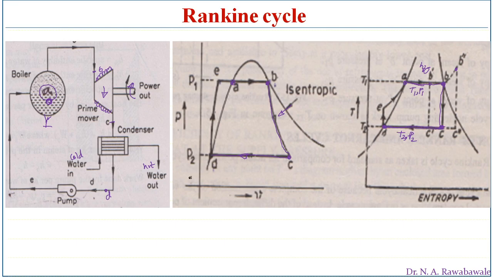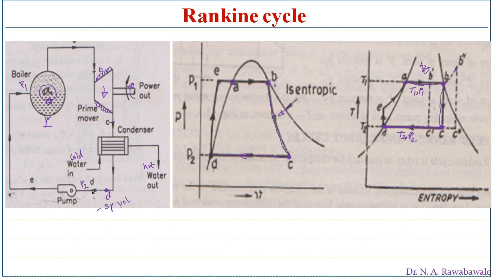So steam gets condensed in this condenser and comes out of this condenser. This condensate is having very low specific volume. Condensate having low specific volume is taken by this pump, and it is pressurized because the pressure of boiler is P1, which is very high. Boiler working pressure is very high, and this condenser pressure is P2, it is very low.